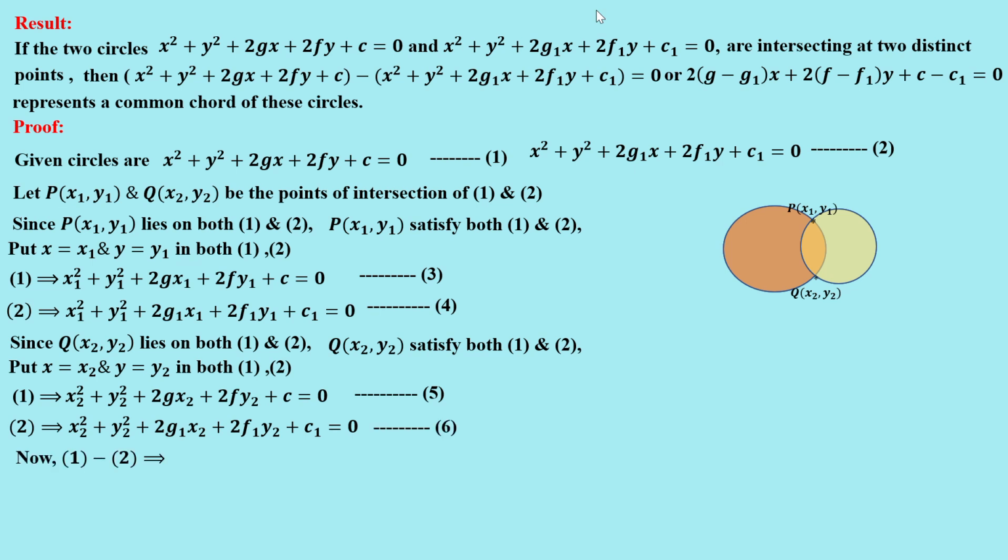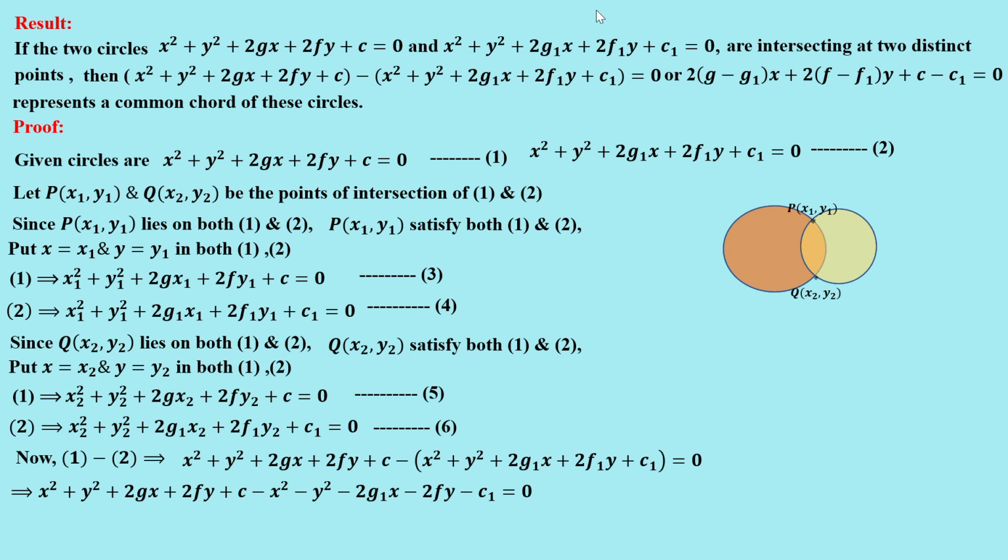Now 1 minus 2 implies x² + y² + 2gx + 2fy + c minus (x² + y² + 2g1x + 2f1y + c1) = 0. Removing the brackets and simplifying, x² minus x² gets cancelled, y² minus y² gets cancelled.